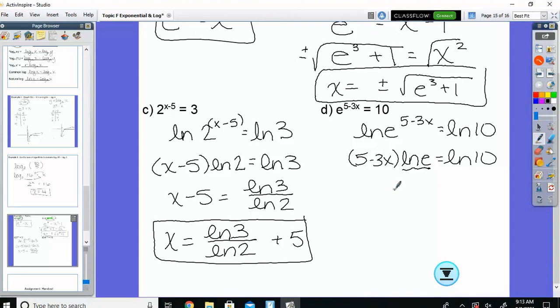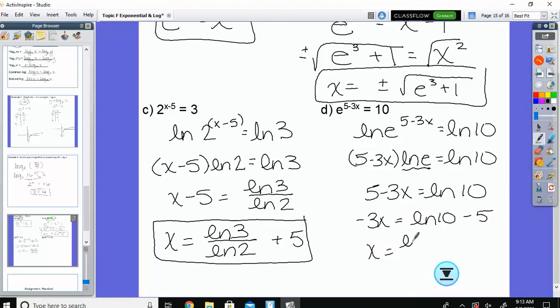Now if you didn't drop that because it's equal to 1, you'll still get an equivalent answer. It's just going to look a little bit uglier. But anytime we have a natural log of e, we could just get rid of it. So then to get my x by itself, what would we do? Subtract our 5. And then we would divide by -3. Not a pretty looking answer, but it works.